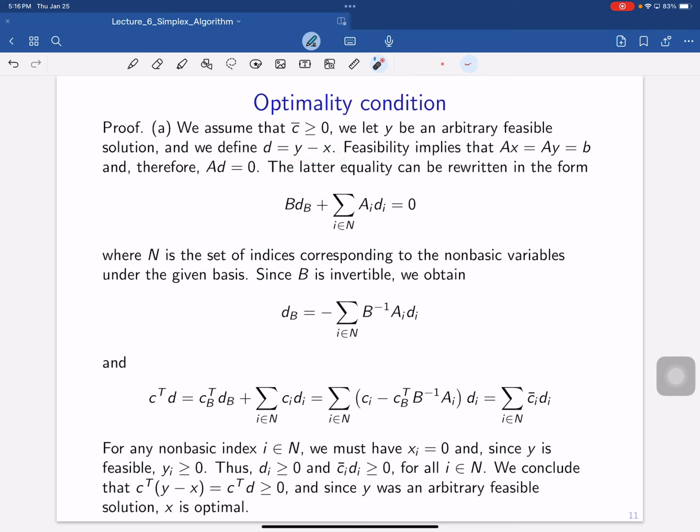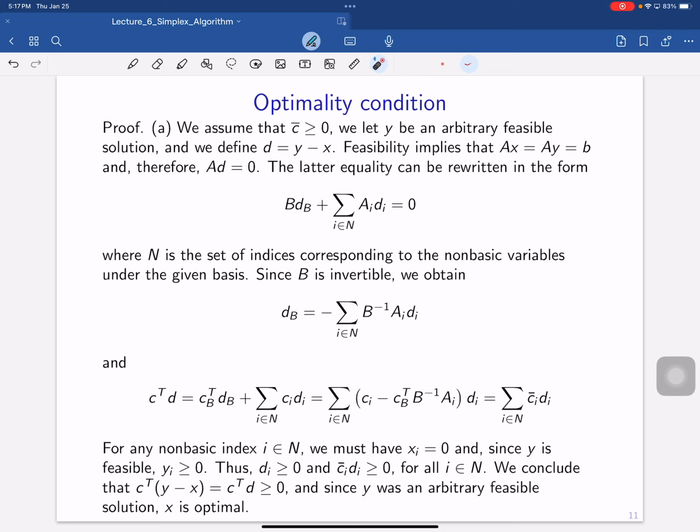Using feasibility, both Ax and Ay have to be equal to b, and therefore this direction has to satisfy Ad equal to 0. You can write Ad equal to 0 in this form, breaking it down into the basic part and the non-basic part. Since B is an invertible m by m matrix, you can write d_B by multiplying by B inverse here.